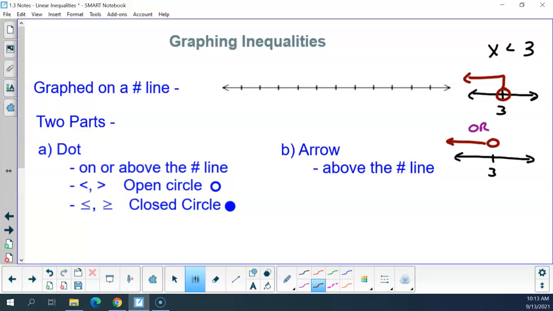Both of those are acceptable graphs for x is less than 3.